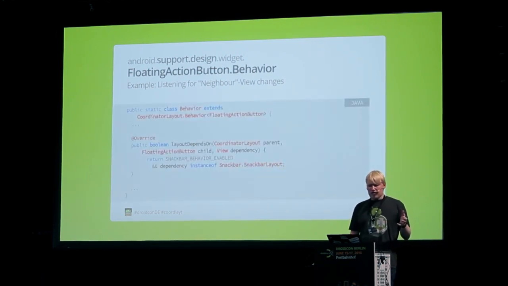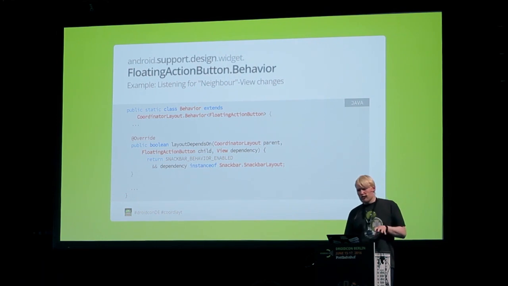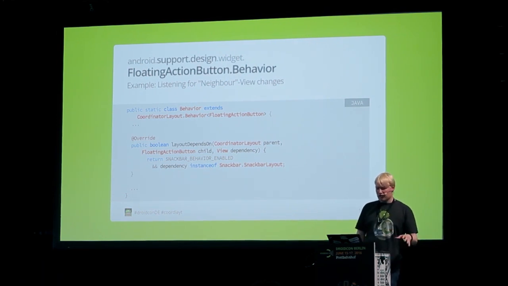How does it look in code? So the behavior is typed for floating action button, so it can just be used there. And what it does is it overrides layout depends on, and this gets called by the coordinator layout for every view that is a child of the coordinator layout.